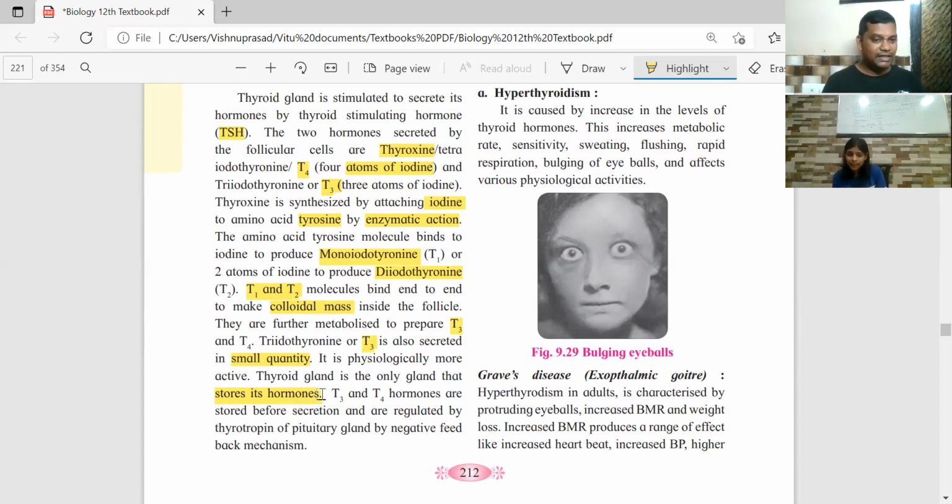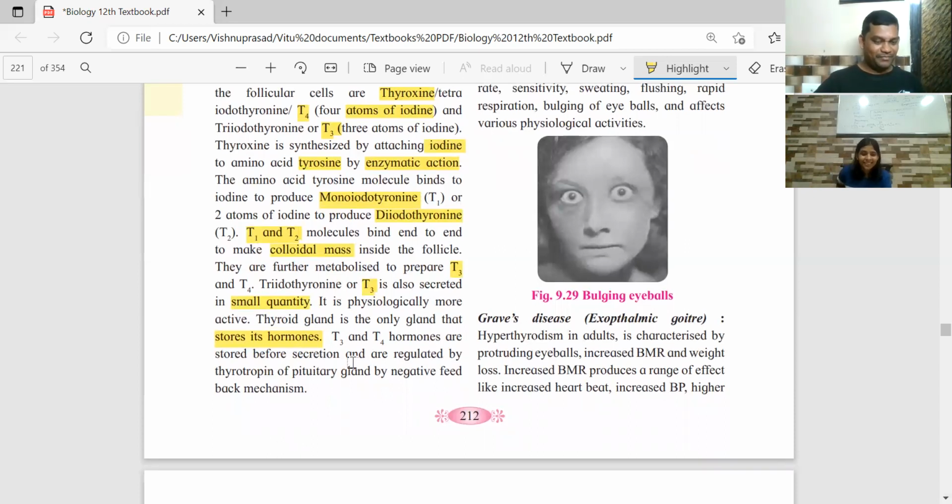But here it's the only gland that is able to store, because there is a gelatinous colloid which can store the hormone. So T3 and T4 are stored before secretion, and on a stimulus from the pituitary gland, T3 and T4 are released wherever required.